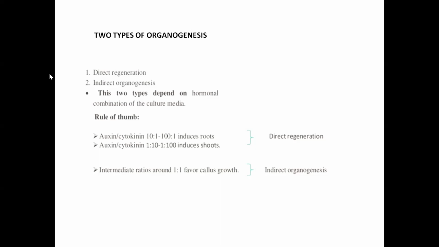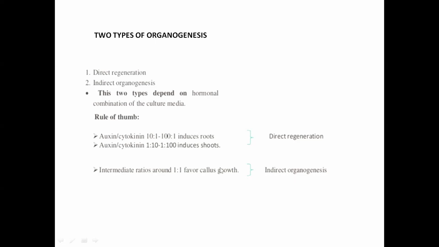So it again depends on the auxin cytokinin ratio. When you put a leaf bit into a medium with a particular auxin cytokinin ratio, it induces root. If you subject the explant to the opposite ratio, it induces shoot. So this is direct regeneration.